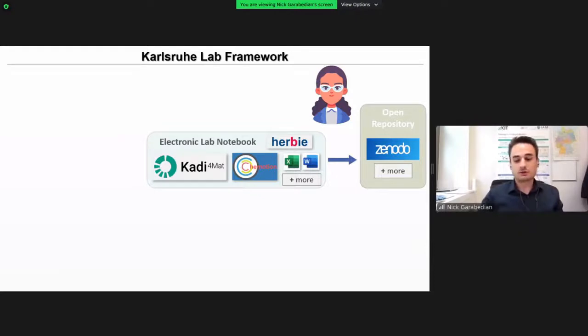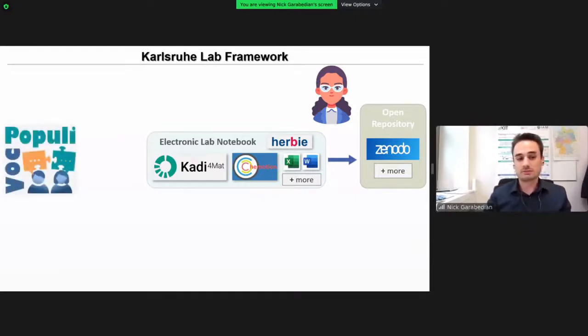And here's where our Voc Populi solution comes in. This is going to be described in the next flash talk, but basically this is a controlled vocabulary management tool which enables the creation, curation, and management of metadata, the pieces of data that describe the data.